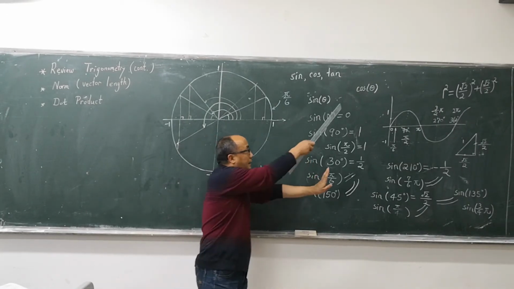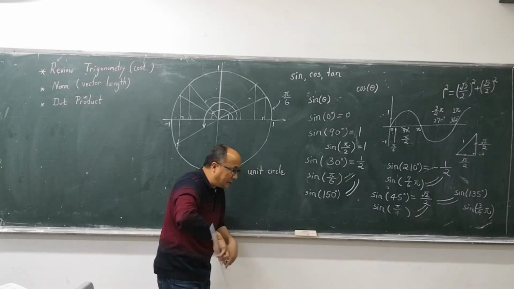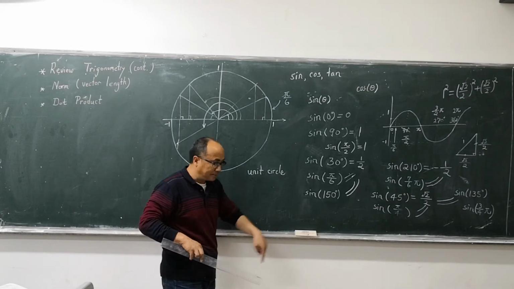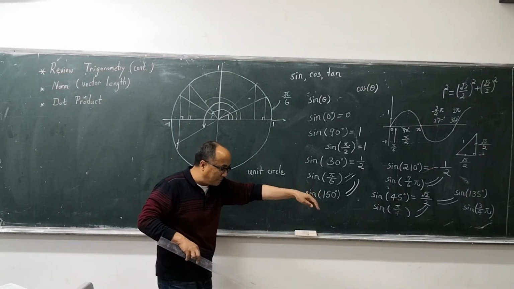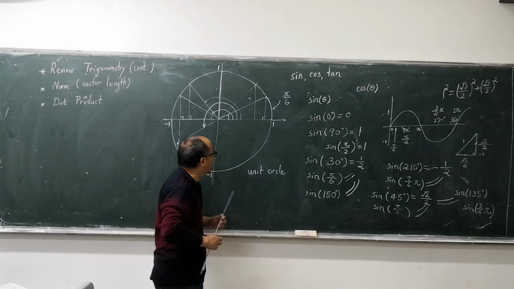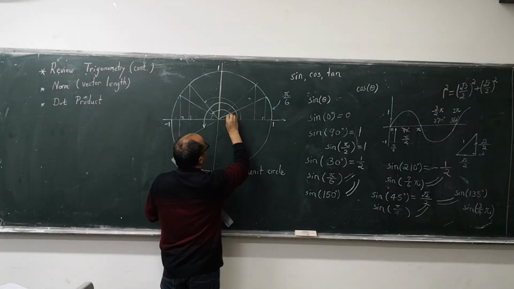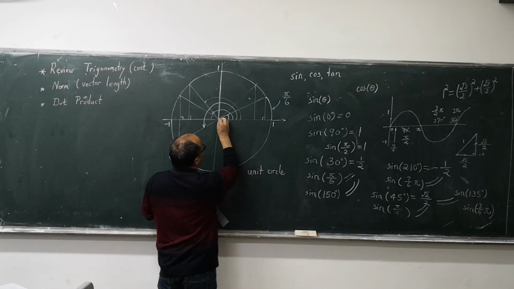And the cosine is the distance from the movie screen to your place, which for this angle is this part.